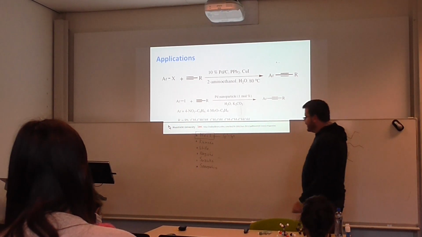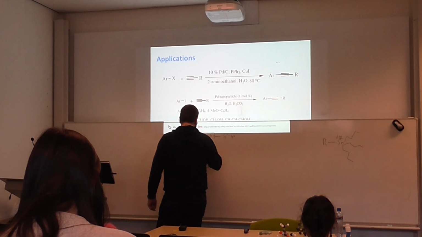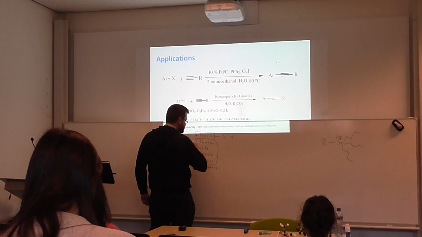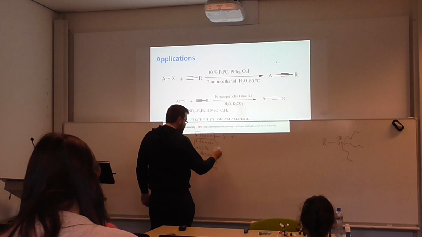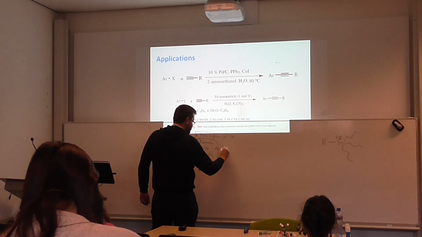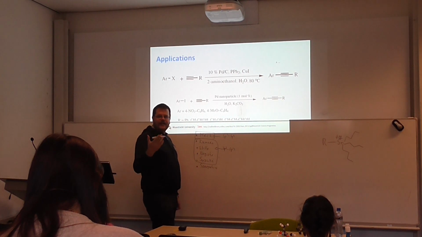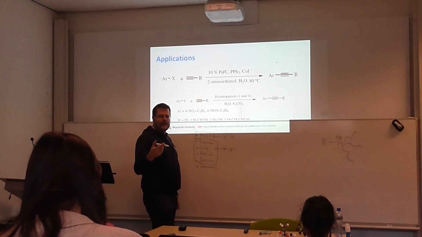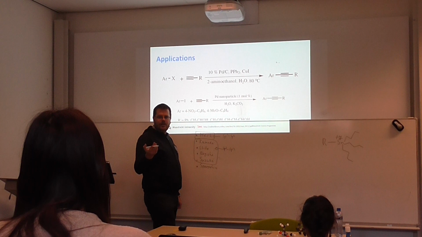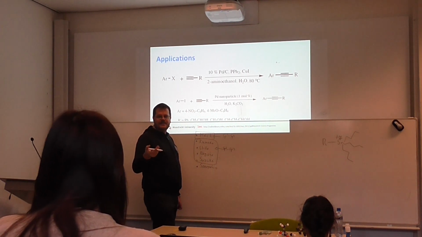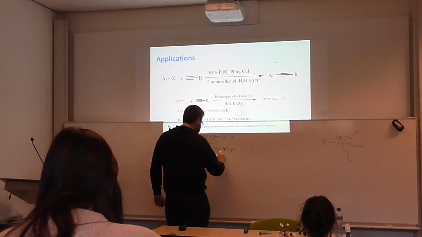Kumada, Stille, Negishi, and Suzuki are similar in the sense that it's also sp2 coupling, but the only difference effectively in all of these different couplings is what? The transmetallation reagents.